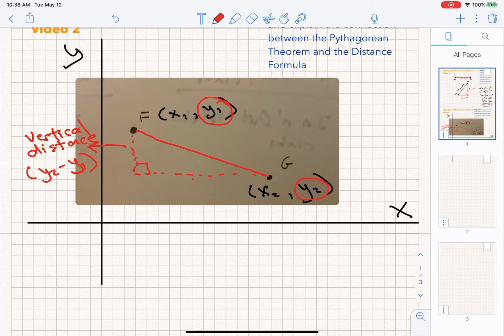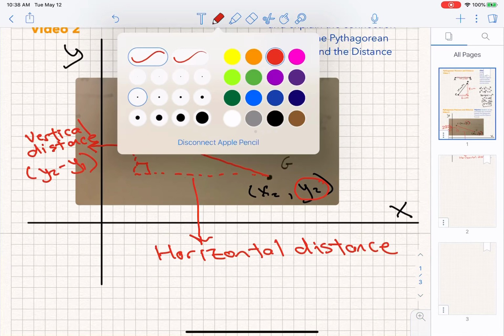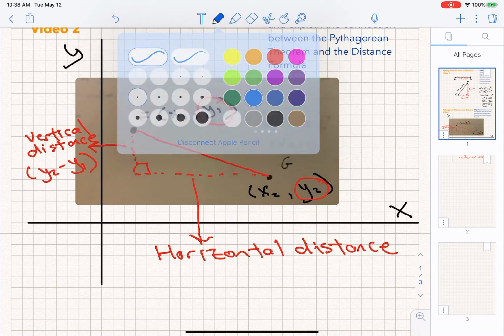By other direction, I mean we can flip the 2's and the 1's in terms of what's the second point and what's the first point. It doesn't matter. We're going to get the same result. So here is the horizontal distance anyway. Horizontal distance. And I'll flip color here when I circle things, just so you can see it better.